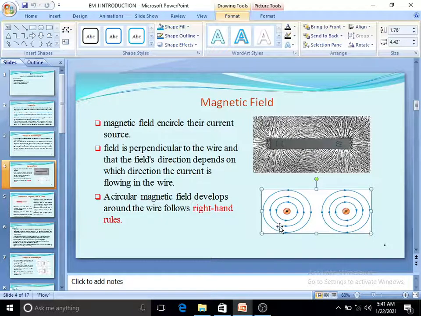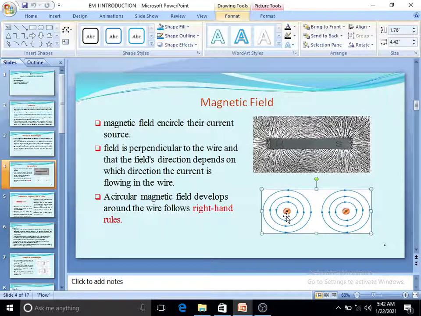So what about the dot here? Towards the observer means we are the observers, we are observing the conductor. Suppose this is the conductor, you assume that the dot is a conductor and the dot will indicate the direction of the current. So towards you, just put your thumb towards you, right? The thumb indicates the direction of the current towards you. So if you put your thumb towards you, what about the curved fingers?